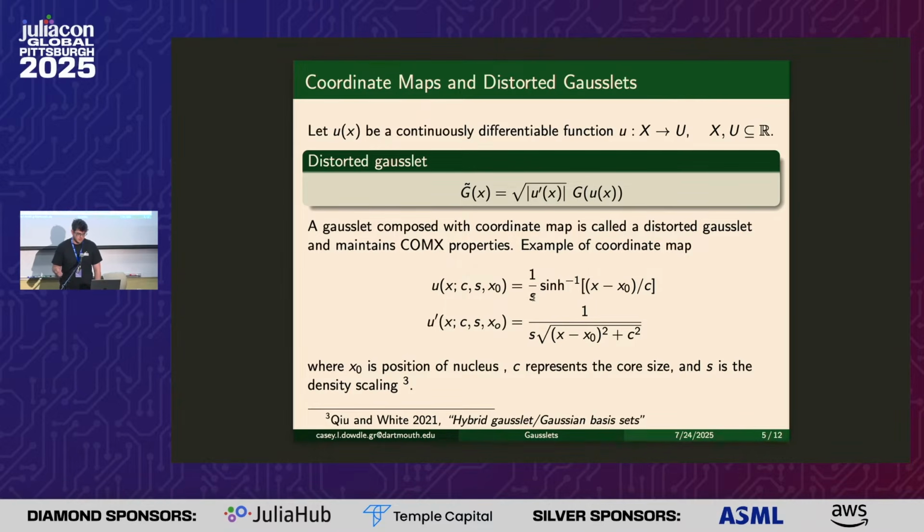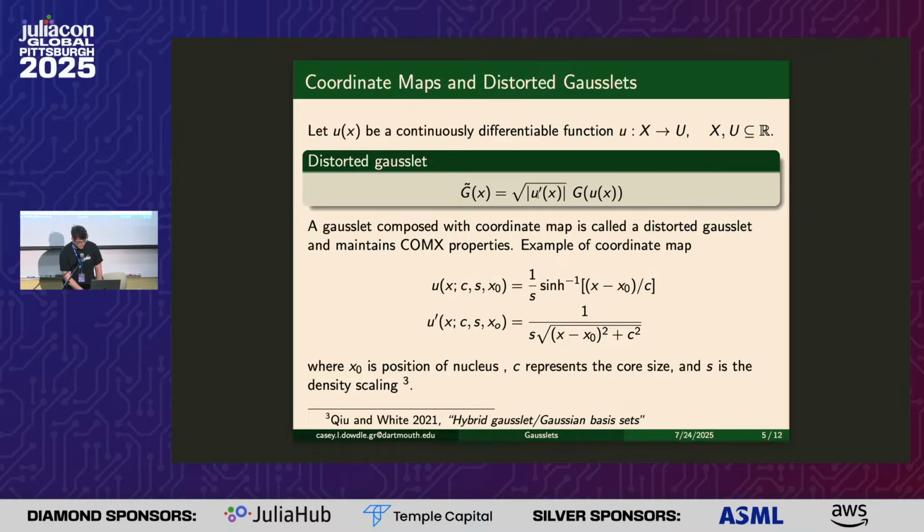It's really hard to have an evenly spaced grid that accurately describes a cusp. So one approach is that you need to distort your grid. This is a little bit like doing a multi-scale resolution analysis, but instead you stick with the same grid instead of making different grids, and you distort your grid in order to adapt to the system that you have.